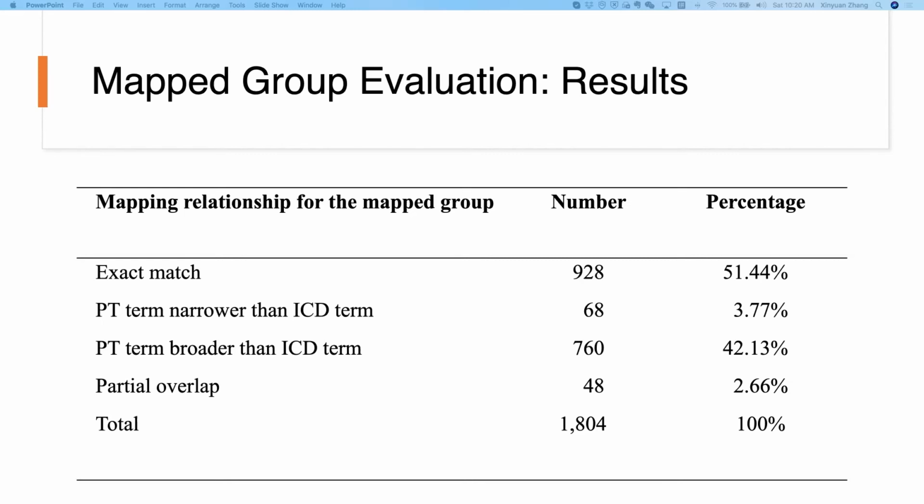But I want to know your purpose for this. Do you want to pull out EHR and identify the adverse events by doing this mapping? I think our original purpose is to validate the signal that we found from the FAERS database, the adverse event reporting system.